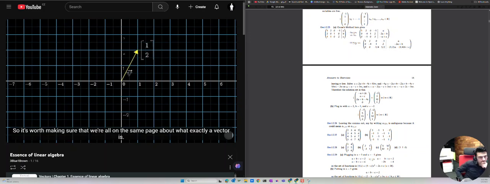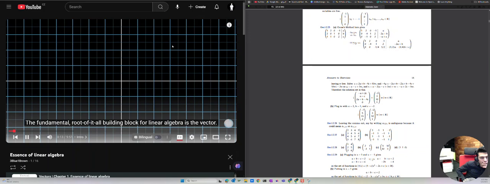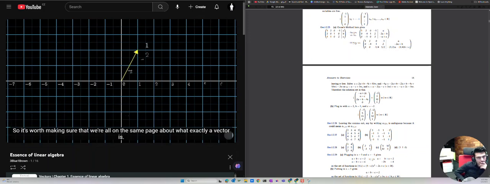So it's worth making sure that we're all on the same page about what exactly a vector is.